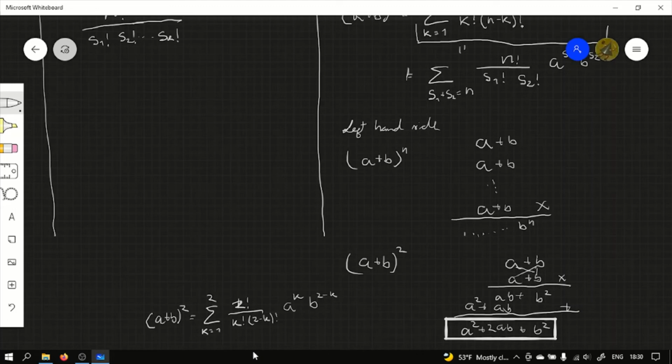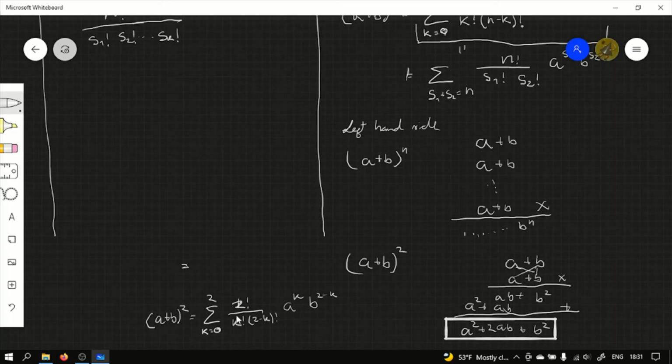Why? Because (a + b)^2, the formula was the sum with k equal to... So, sorry, we have only 3 elements. Here we start with 0, and I think that was a mistake here. But here is okay. We have 3 elements when k is equal to 0, when k is equal to 1, and when k is equal to 2. When k is equal to 0, 0 factorial is 1 by definition.